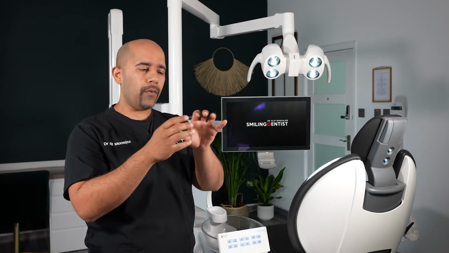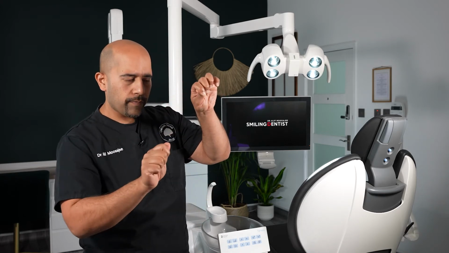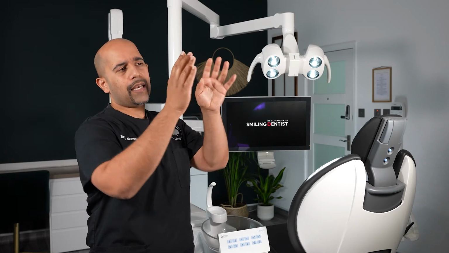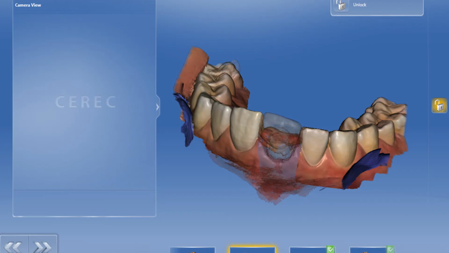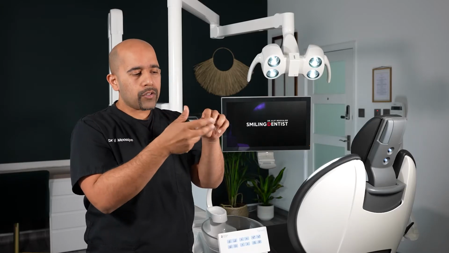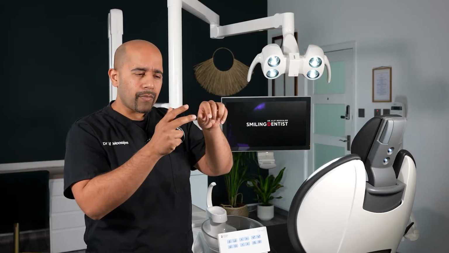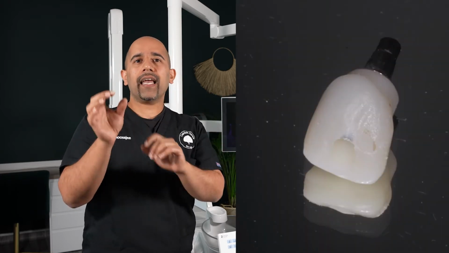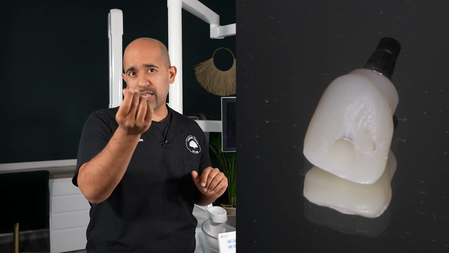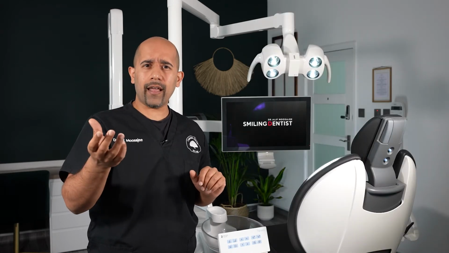But the real game changer for me has been how, if you take the tooth out, you now still have an imprint of where that soft tissue is, the gum around the tooth. And what you're able to do when you scan is to capture that information and then recreate it in the crown, the implant temporary crown that you make there and then.